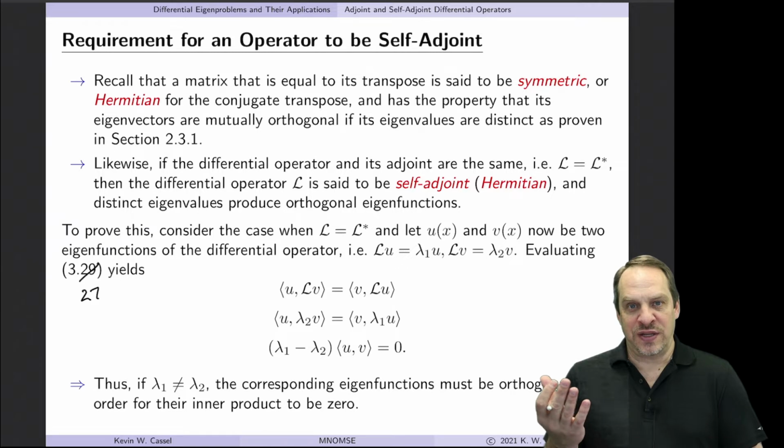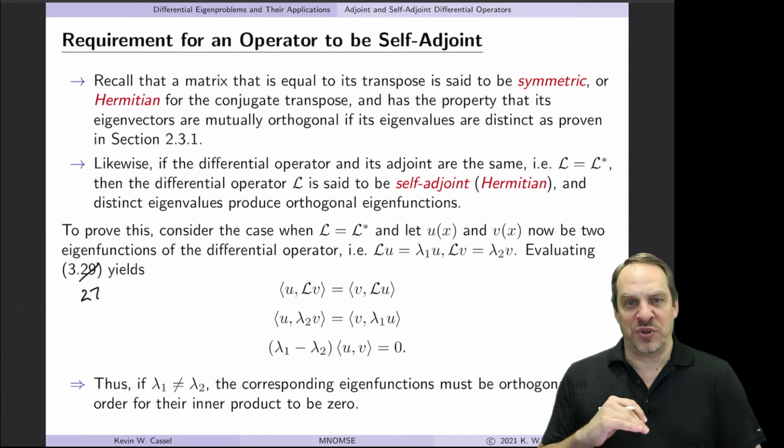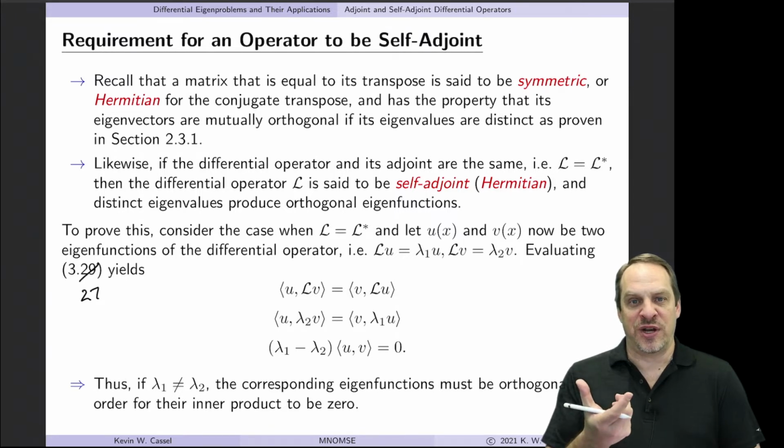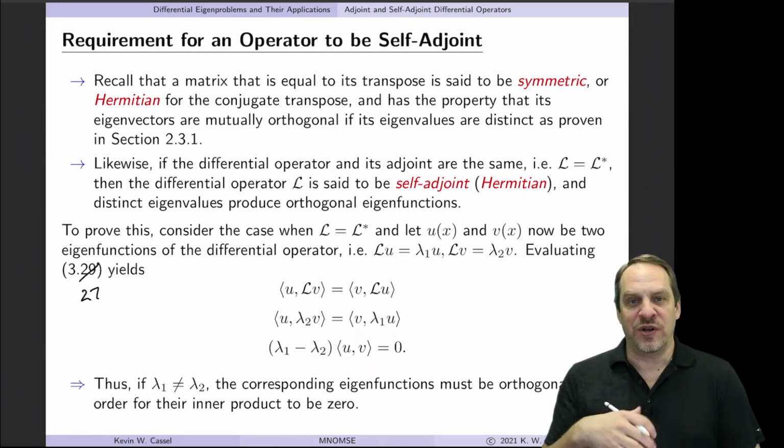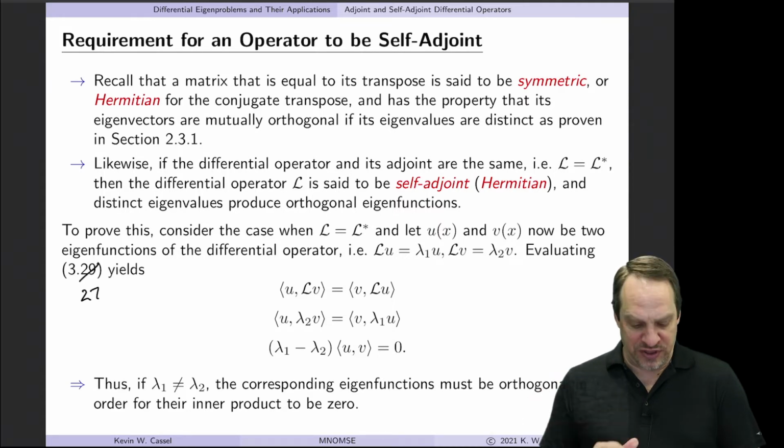Now in the vector case, that has a geometric interpretation. They're mutually orthogonal, they're perpendicular to each other. That's not the case here, but we still call them orthogonal. All right, so we've just shown that if L and L star are the same, so if our differential operator is self-adjoint, and the eigenvalues are distinct, then the eigenfunctions are mutually orthogonal. Very similar to the linear algebra context that we looked at earlier.